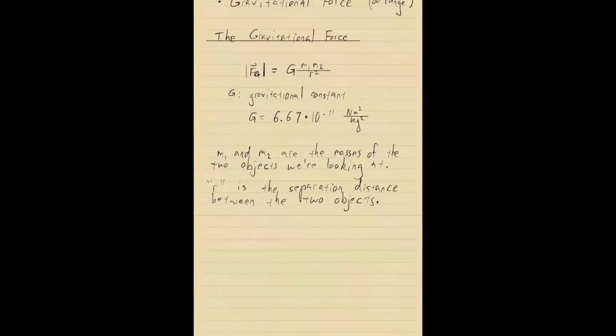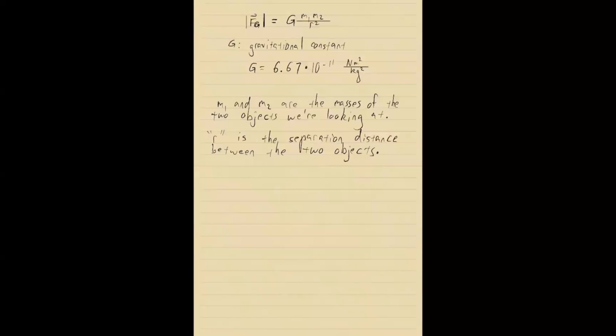If we have two massive objects, like we saw in the sun and the earth example, so we've got two objects like this. Let's pretend that these are the center points. Then the distance between their centers is our R distance.